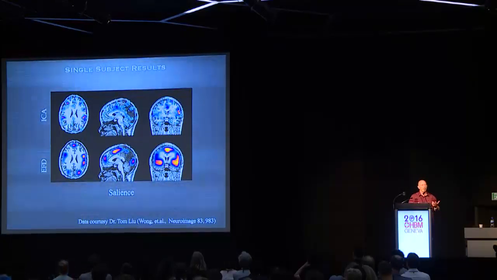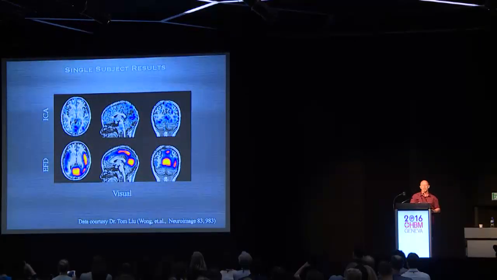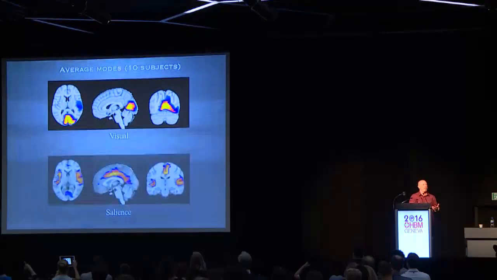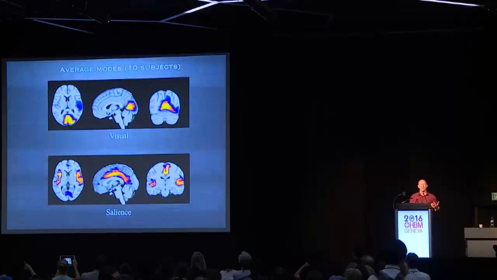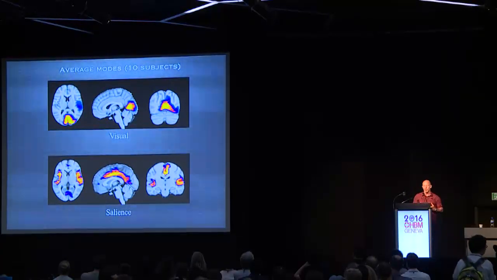Those are probably, in some ways, the most interesting because they vary amongst individuals. If you average over subjects, you get things that look more like what you see in the literature because you've averaged over all the interesting little spots.